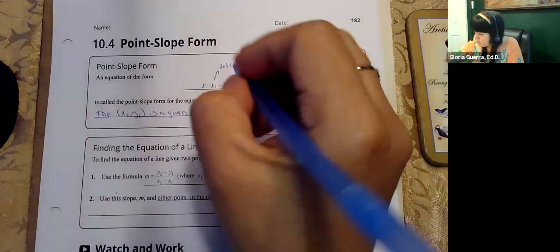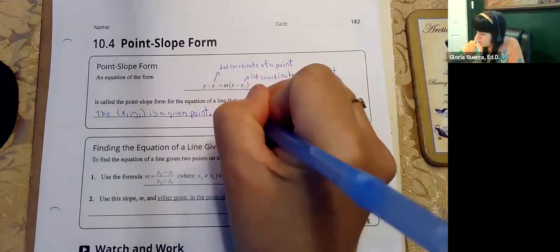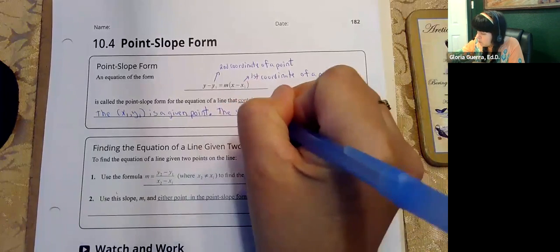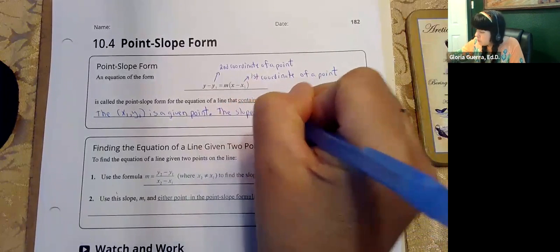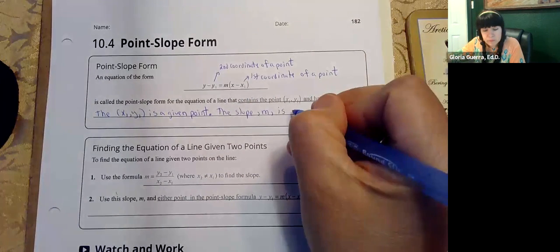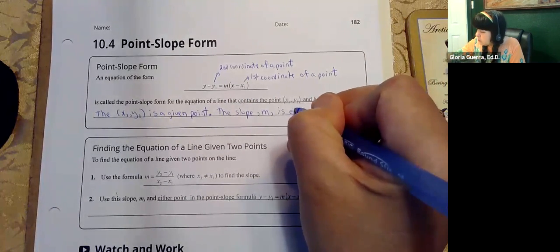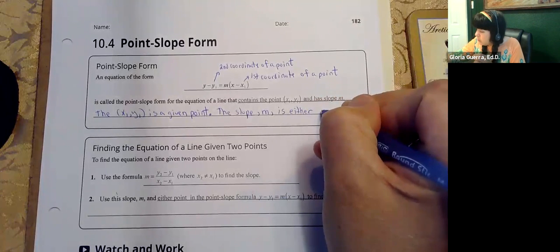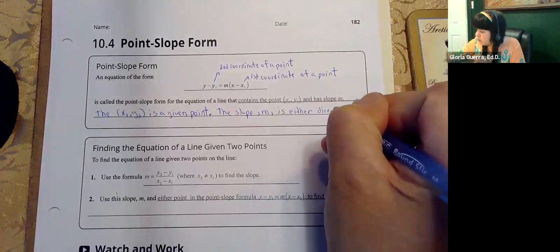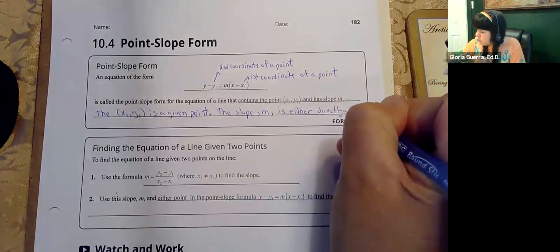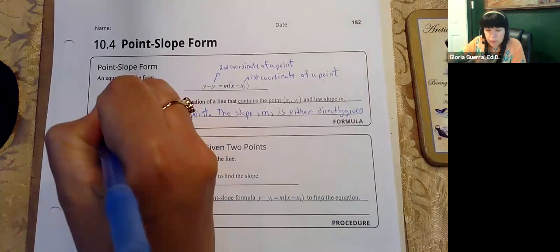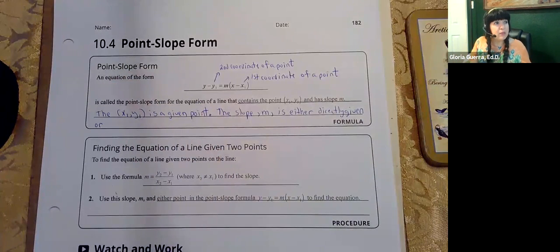The slope m is either directly given. So, for example, see how that's slope?